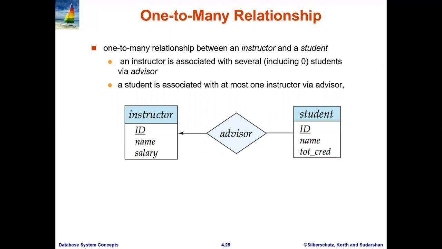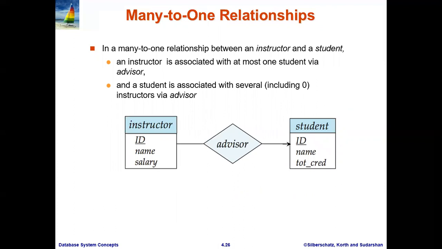So this we can show as one to many. A directed line towards instructor indicates only one instructor, and an undirected line towards student from the relationship set indicates many students. So, a one to many relationship set.